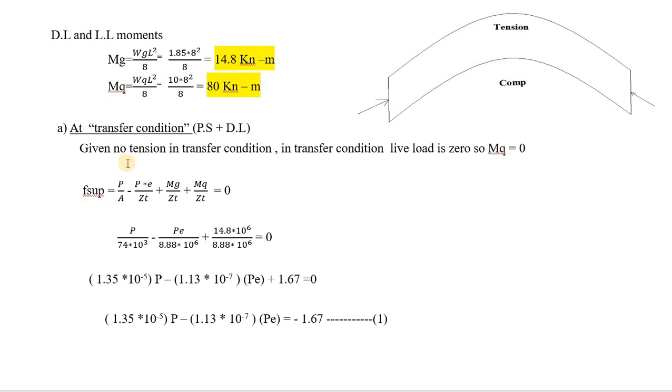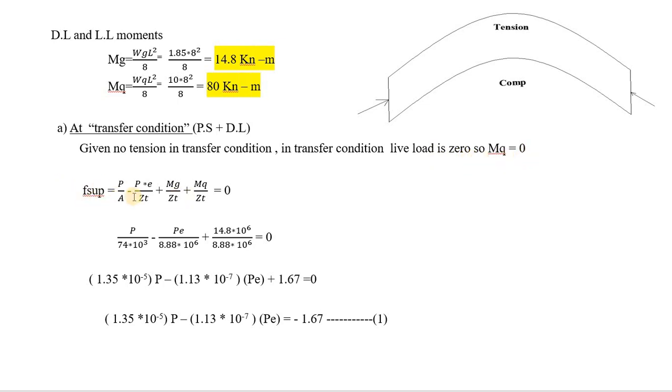The next thing is we should remember those points which they have mentioned in the question before solving further. They have given no stress in transfer condition. In transfer condition live load is 0, so MQ equal to 0.